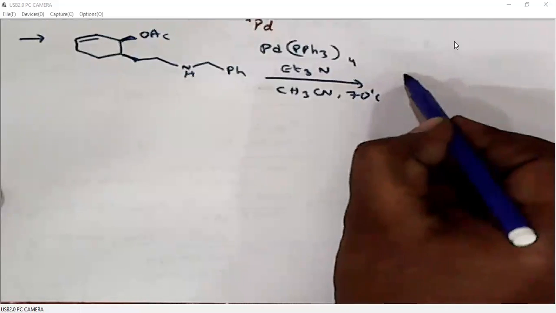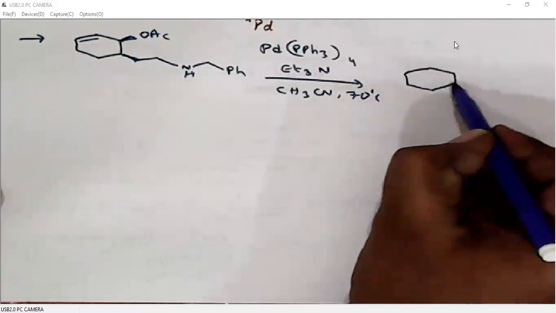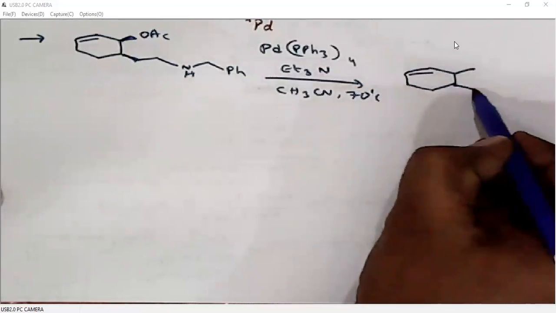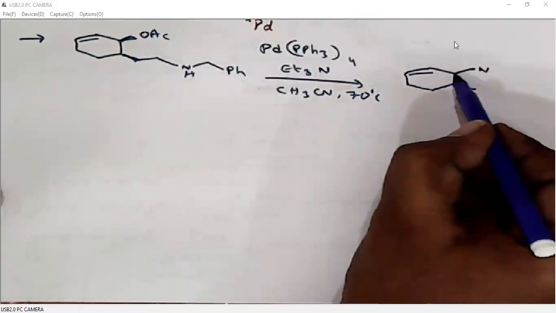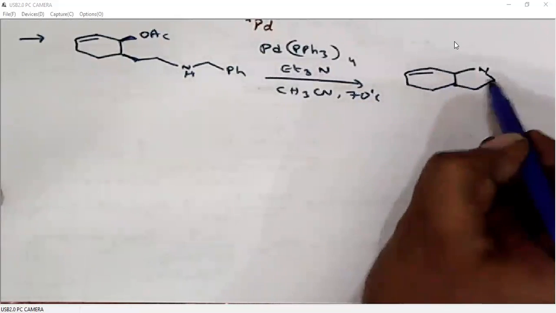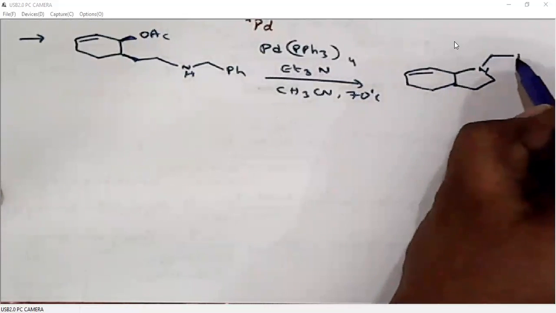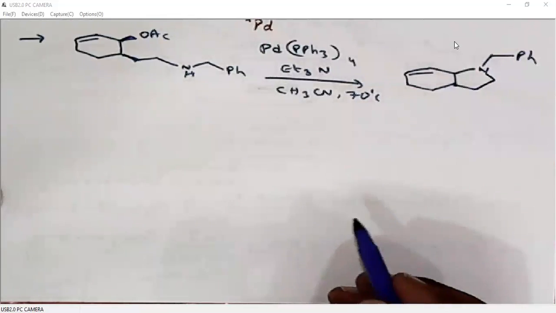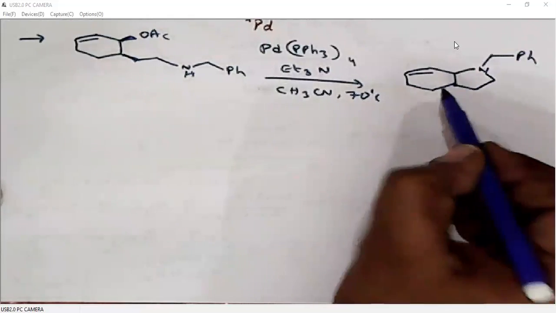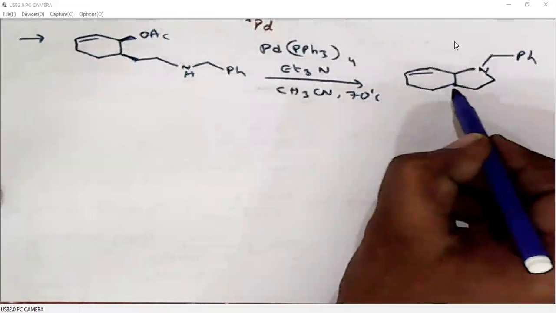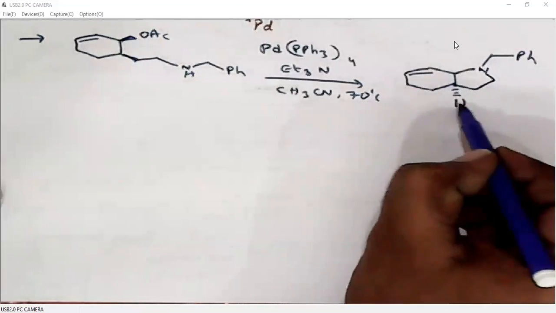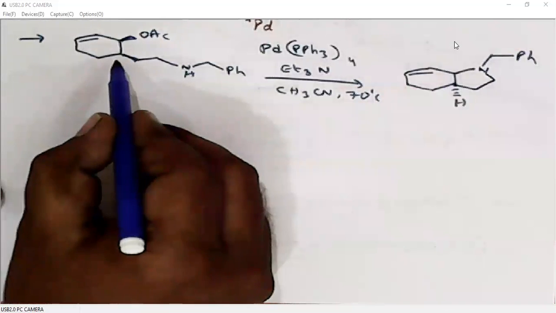So when we write the product, this is a 5-membered ring, and on the 5-membered ring we have this. Now, when you want to write the stereochemistry here, the stereochemistry around this carbon will not change. So hydrogen will be below the plane.